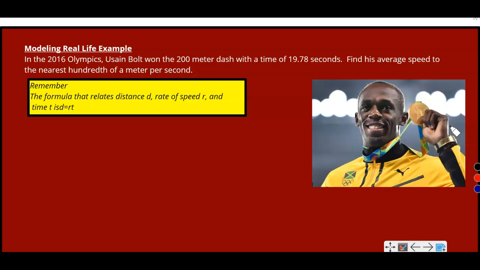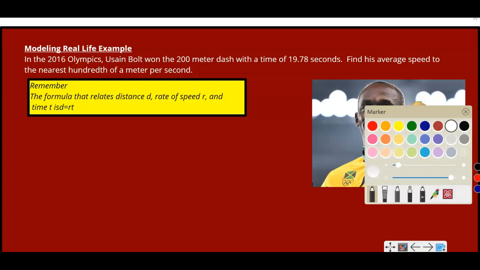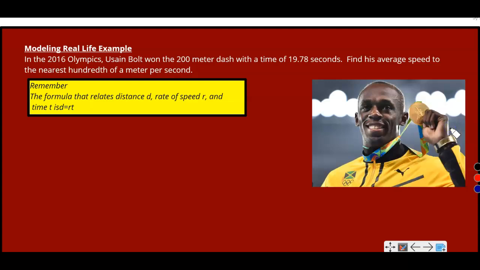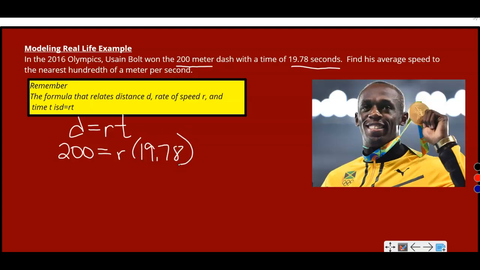All right, so we are given 200 meters as a distance, and we're given a time. So if we have D equals rate times time, we can replace the distance with 200. We don't know the rate, but we do know the time, 19.78 seconds. All right, so we've got multiplication.